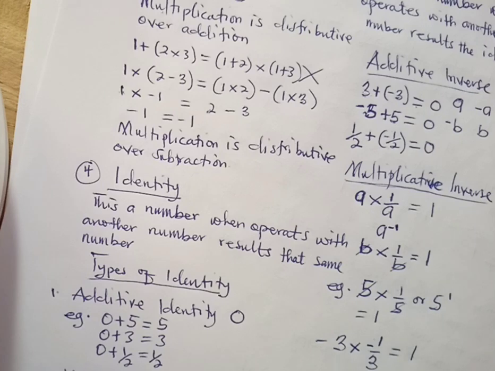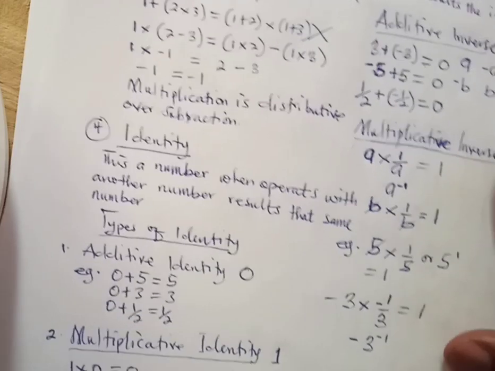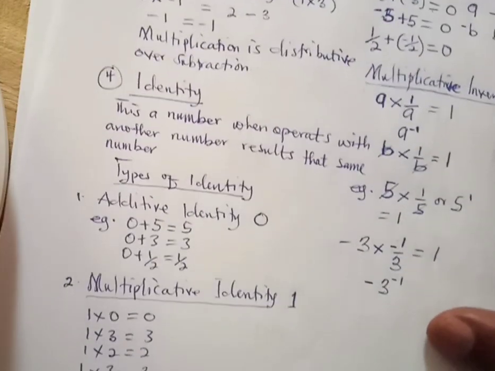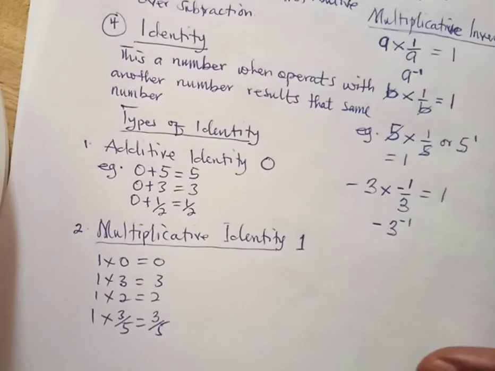So when we ask you to find the multiplicative inverse of a number, you ask yourself, what number should I multiply by that given number to get 1, which is the multiplicative identity? It's very, very simple. That is all about the inverse property.